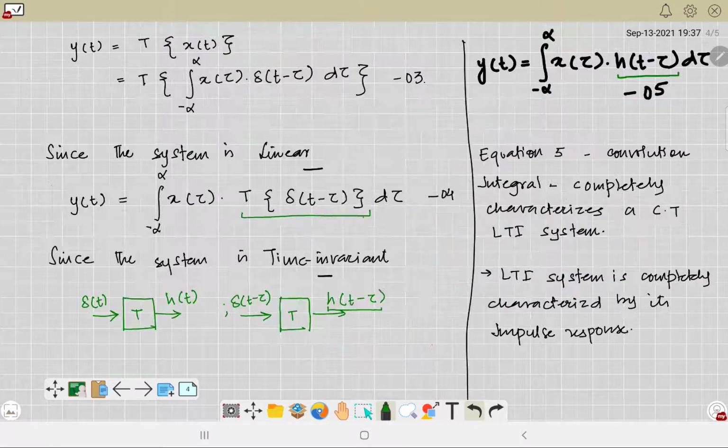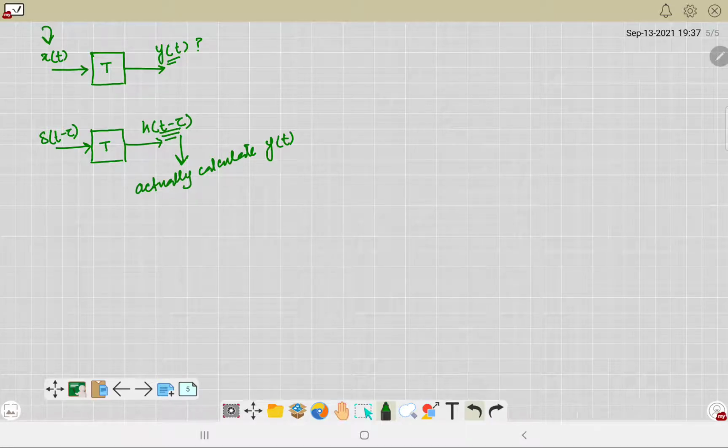You have studied this particular signal, and obviously to calculate its response will be much easier than for some arbitrary signal x of t. So this is the importance of this integral. It allows you to compute the output of your system to any arbitrary signal using the response of the system to the impulse signal.